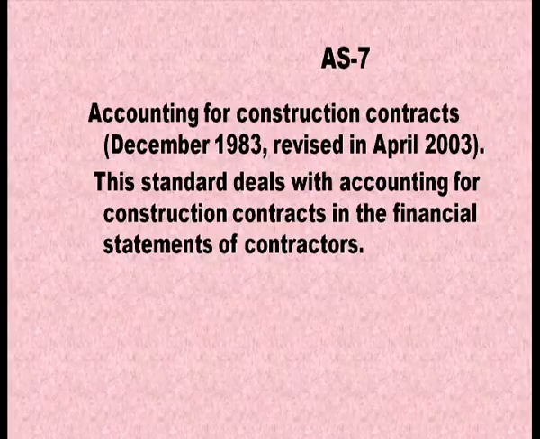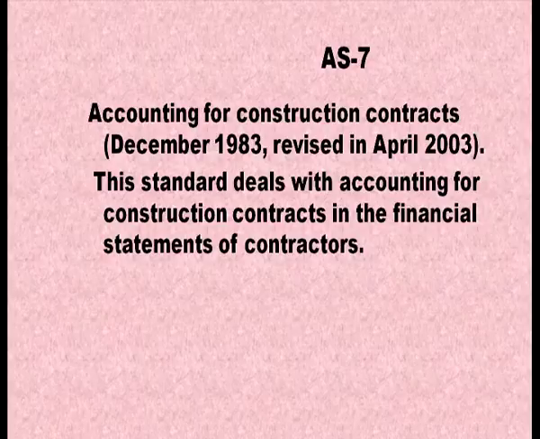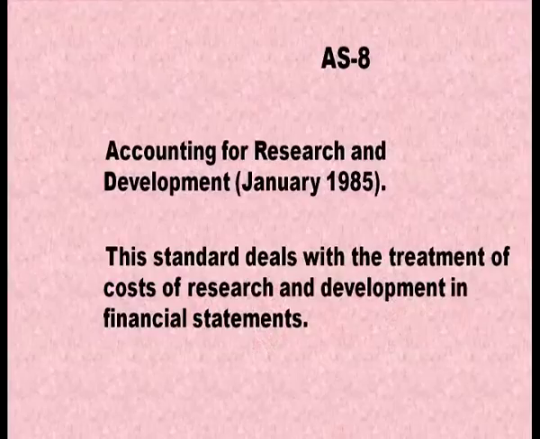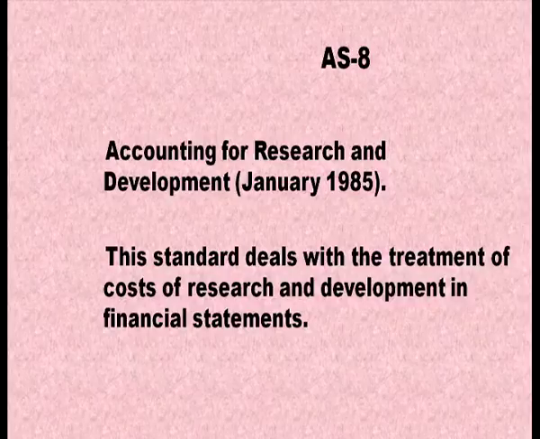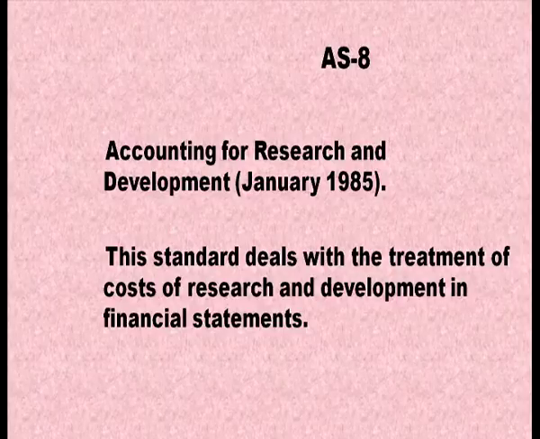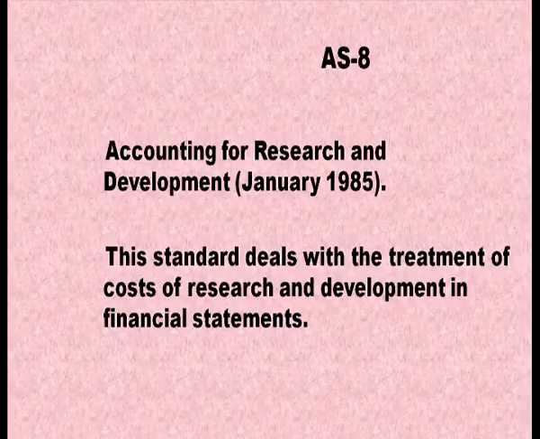Accounting Standard 7 deals with accounting for construction contracts in the financial statements of contractors. Accounting Standard 8 is accounting for research and development. Accounting Standard 8 deals with the treatment of cost of research and development in financial statements.